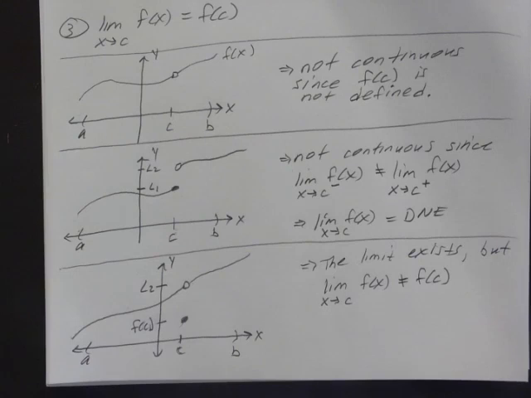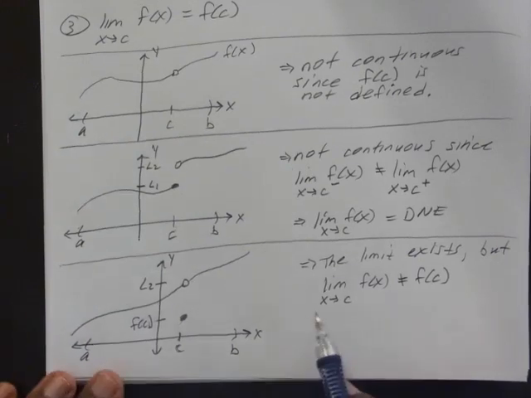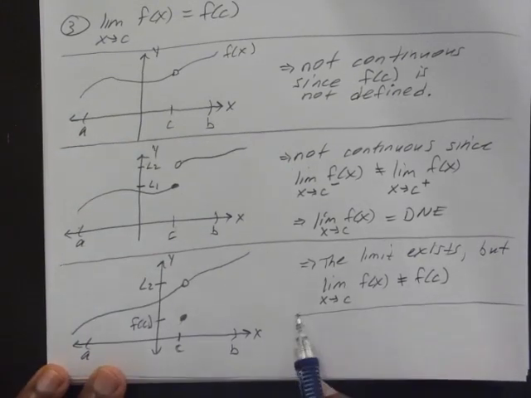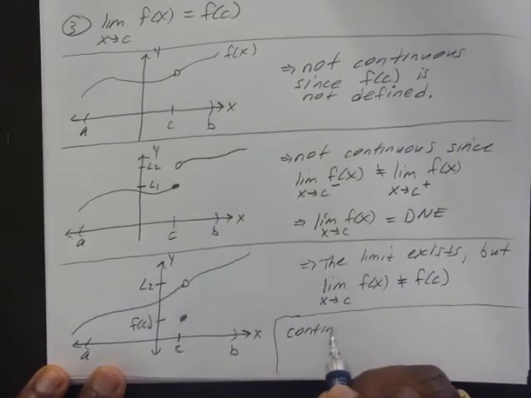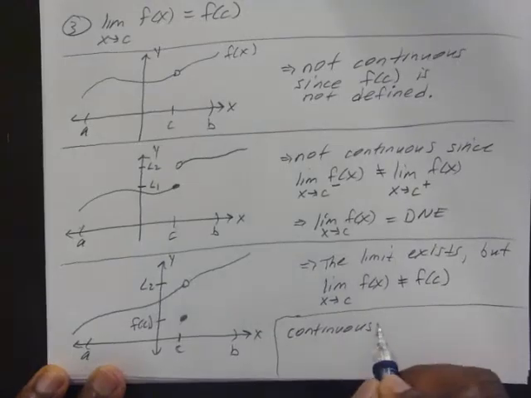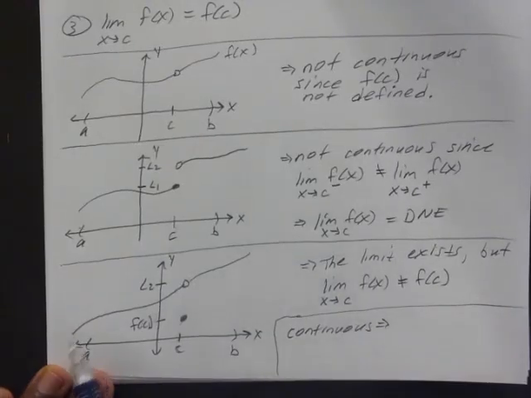Okay. So if you want to visualize continuous functions, just think about a graph where you can roll your pencil down the whole thing and not have any holes or breaks or anything like that. Or if you have a hole here, you have to kind of jump over it and keep on going.